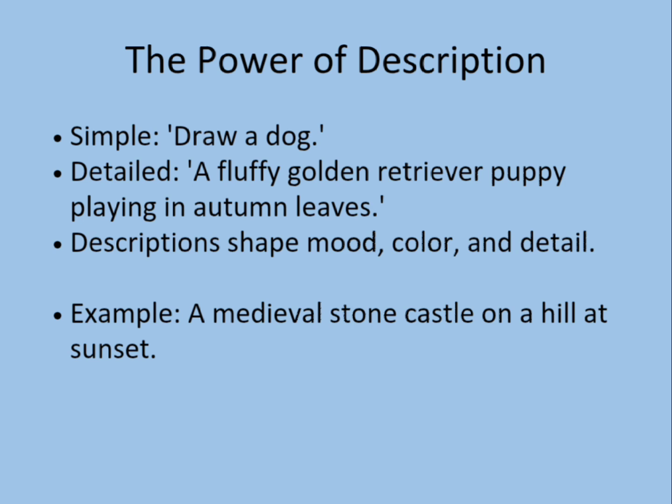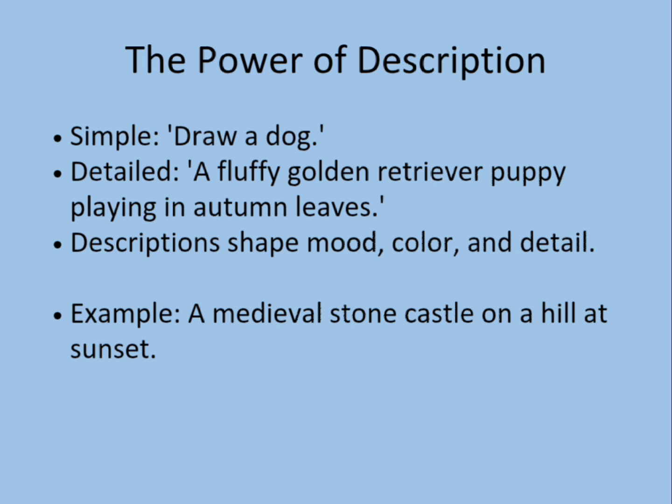Similarly, descriptions shape the mood of the visual, the color scheme of the visual, and also the color details, the design details of the visual. For example, a medieval stone castle on a hill at sunset.